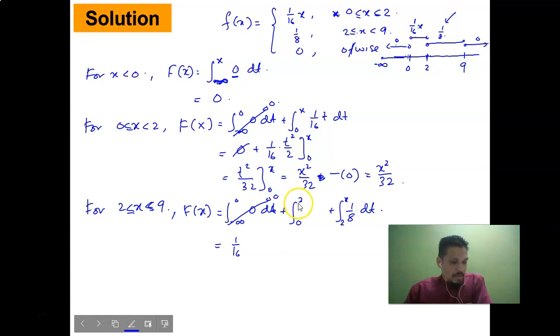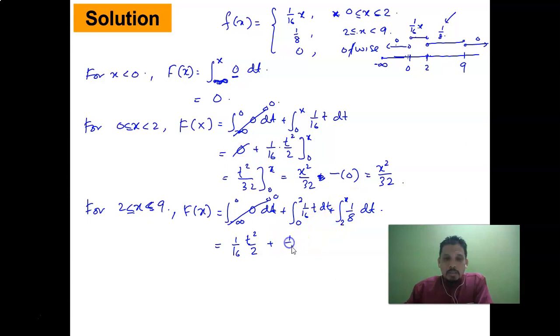This one should be 1 over 16 t dt, and then from 2 to x, 1 over 8 dt here. The integral of t dt equals t square over 2, plus 1 over 8 times the integral of 1 dt, which is t. For the first from 0 until 2, and this one from 2 until x.